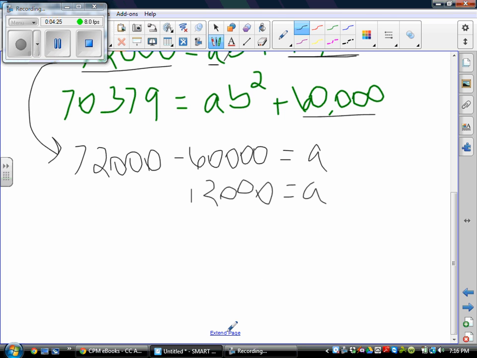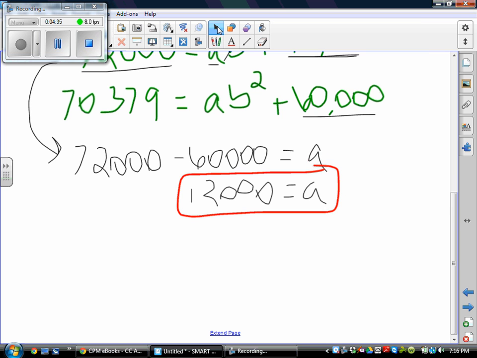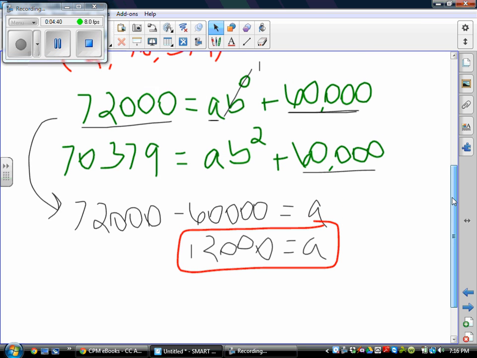Again, apologizing for the handwriting. So this is my starting value. That's also important information. We know a in our equation. Now we need to find the multiplier. So without actually canceling anything out, we can get the answer to this problem.